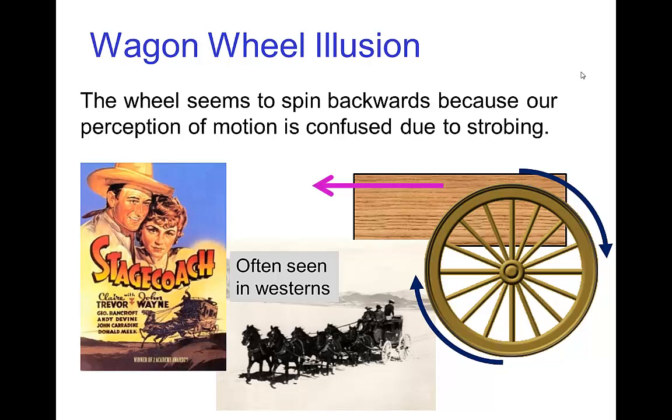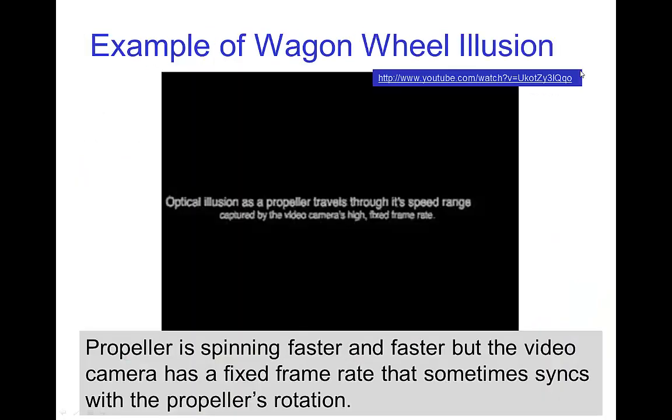So this is again a disruption of the perception of motion, but in this case the motion appears to be backwards from what we know must be the true motion.